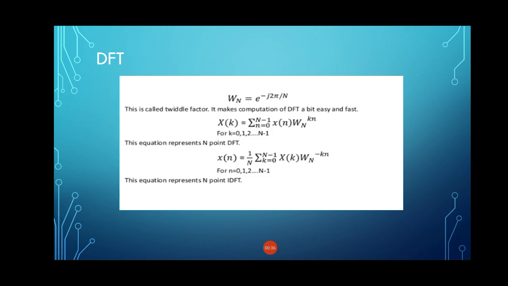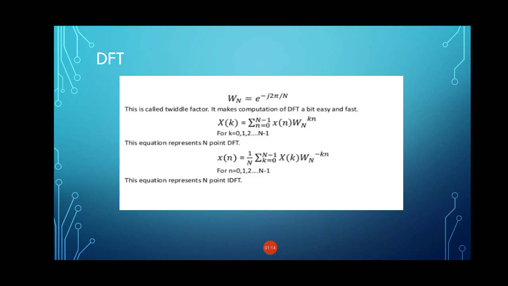Discrete time Fourier transform was applicable for both finite and infinite sequences. If you remember the formula for DTFT, it was X of e to the power j omega equal to summation n going from minus infinity to plus infinity x of n e to the power minus j omega n, just to make you recollect.